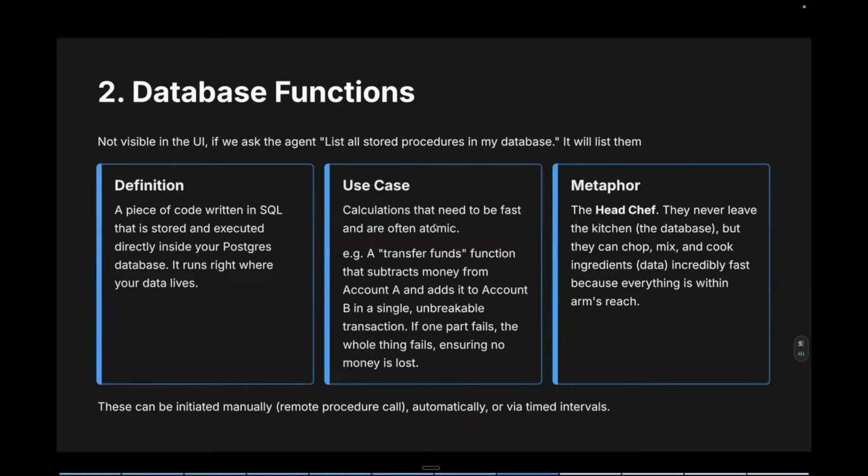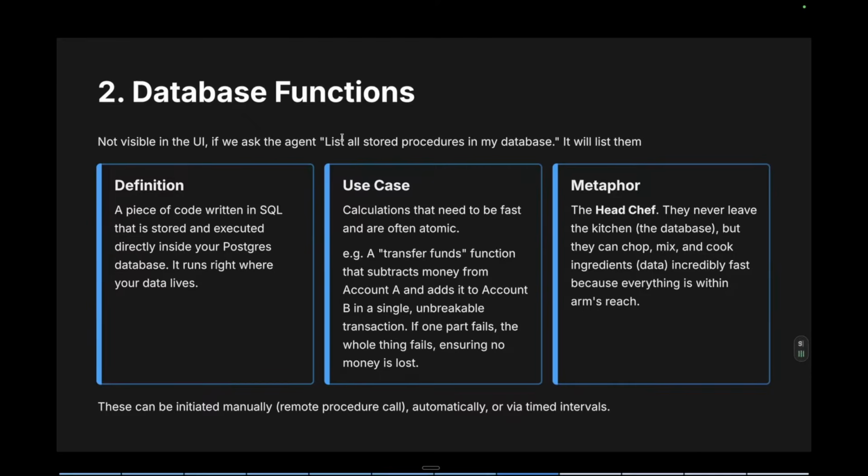We've got database functions. Basically, a database function is a piece of code written in SQL that is stored and executed directly inside the database, and it runs right where your data lives. A use case of this is calculations that need to be fast and are often atomic.